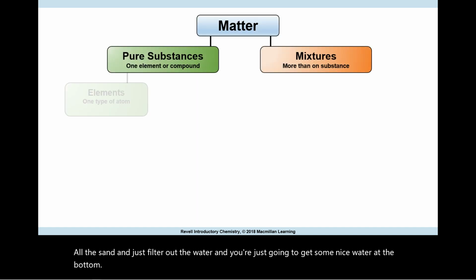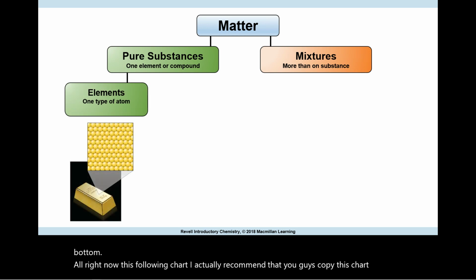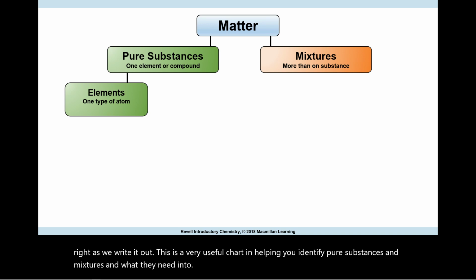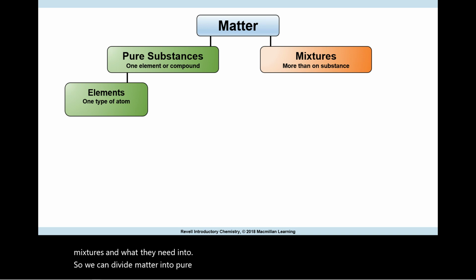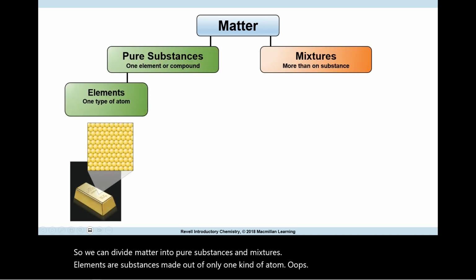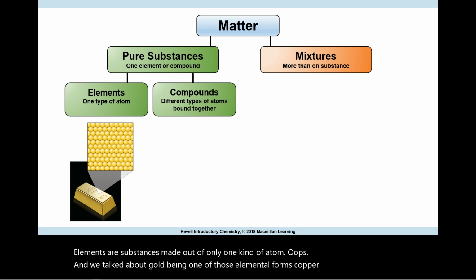All right, now this following chart, I actually recommend that you guys copy this chart down, right? As we write it out, okay? This is a very useful chart in helping you identify pure substances and mixtures and what they lead into. So we can divide matter into pure substances and mixtures. Elements are substances made out of only one kind of atom. And we talked about gold being one of those elemental forms. Copper is also one of those elemental forms.